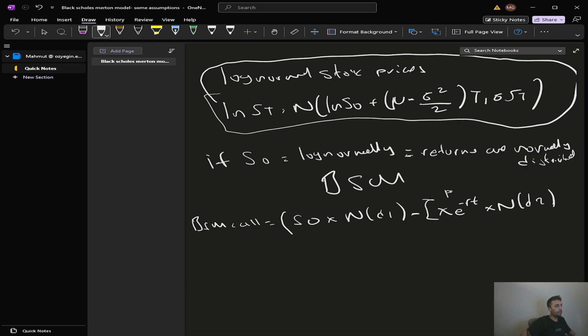This is the PV, the present value of the strike. Remember it always. You should memorize it. This is the PV of the strike.